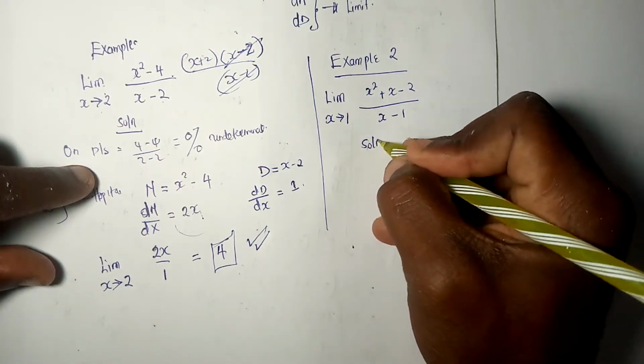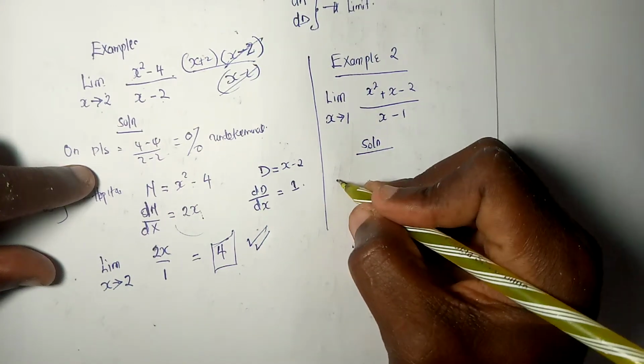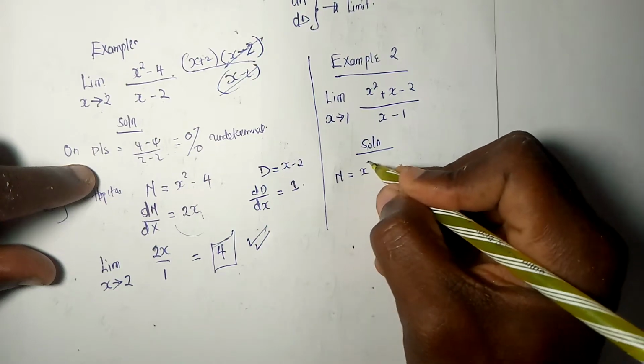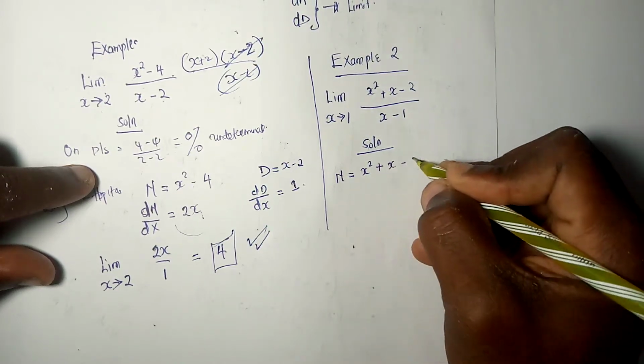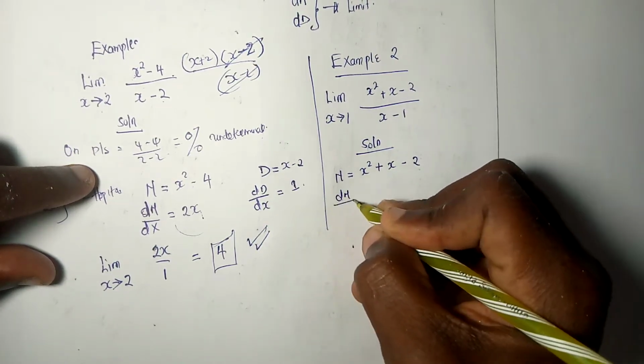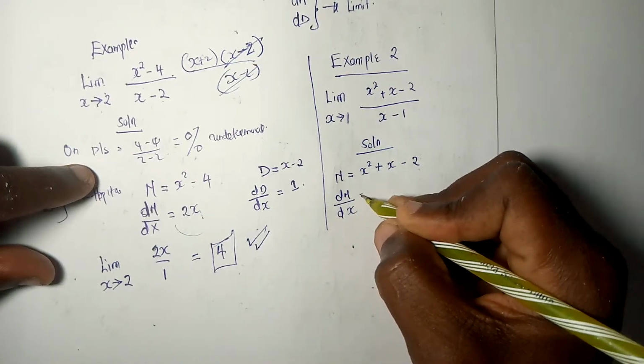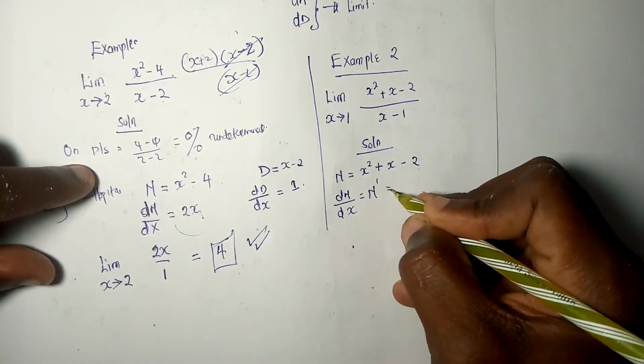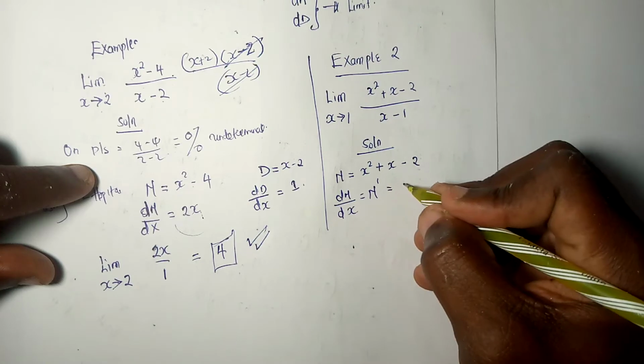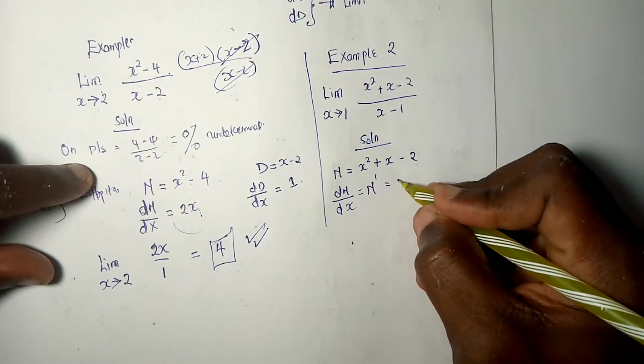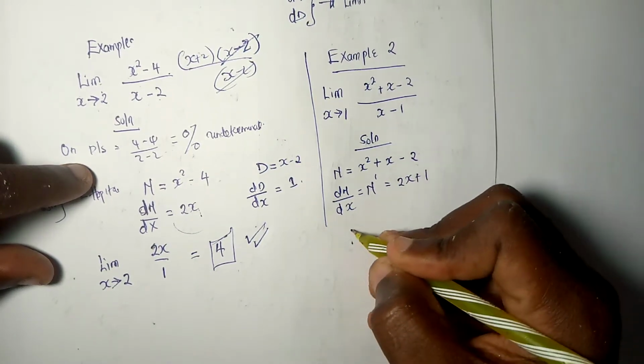Solution: the numerator is x squared plus x minus 2. So dn over dx, which somebody else can say n prime, as we said in the notation, is going to be 2x plus 1.